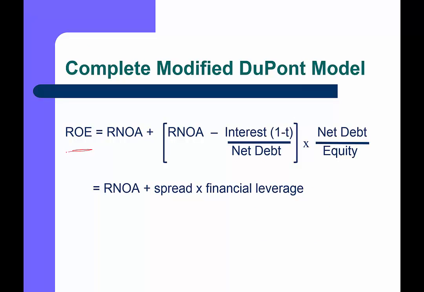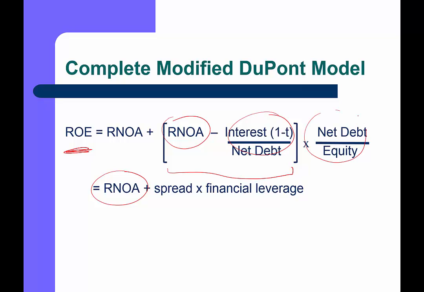Return on equity, which is the same number we were using before in the traditional model, is now return on net operating assets, which we have calculated, plus this spread, which is return on net operating assets minus our adjusted cost of debt. And that whole piece in the square brackets is multiplied by net debt over equity, a debt equity ratio, but adjusted for cash holdings. So let's look at how that can work.